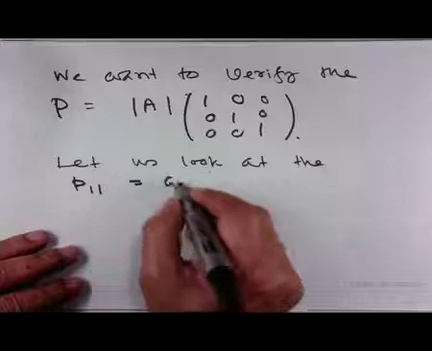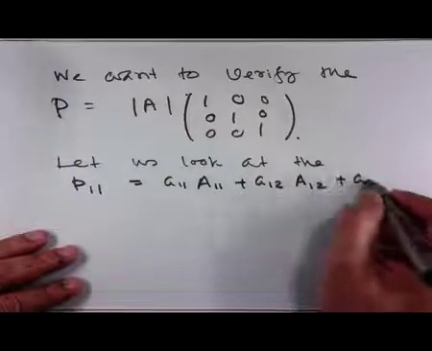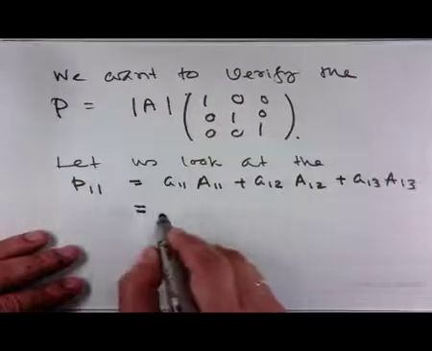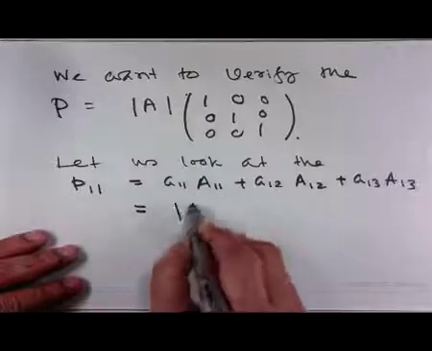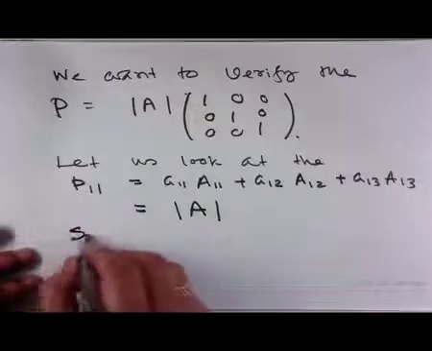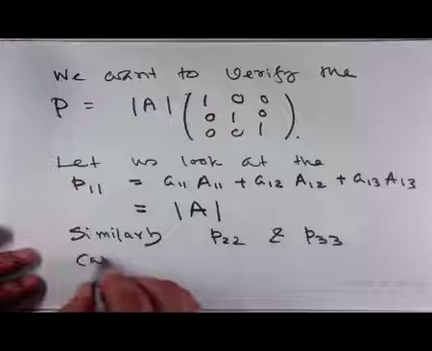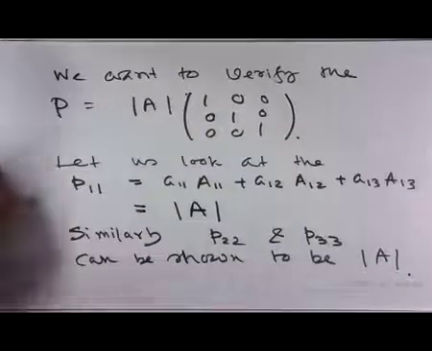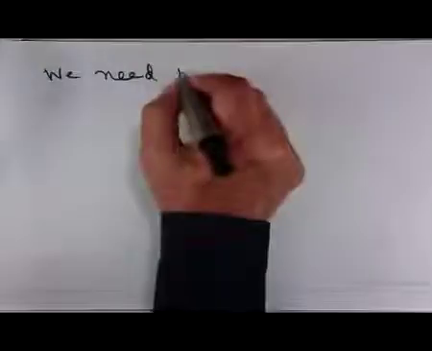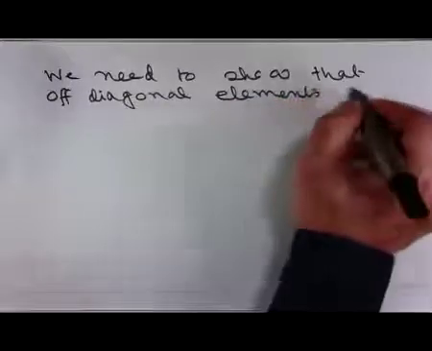P11 is equal to a11 A11 plus a12 A12 plus a13 A13, which we know is the expression of the determinant when we expand along the first row of A. Therefore, this is going to be determinant of A. Similarly, P22 and P33 can be shown to be determinant of A. We need to show that off diagonal elements are 0.